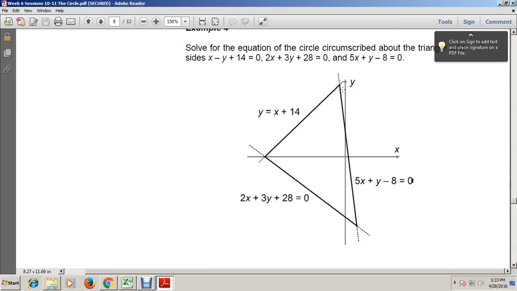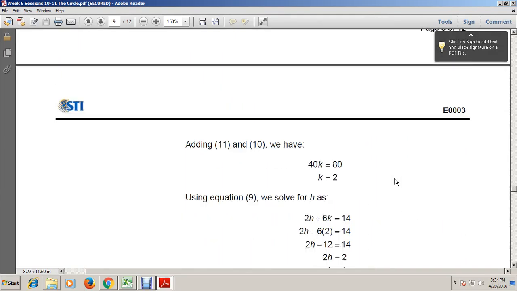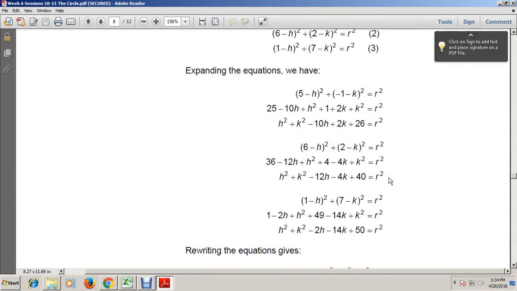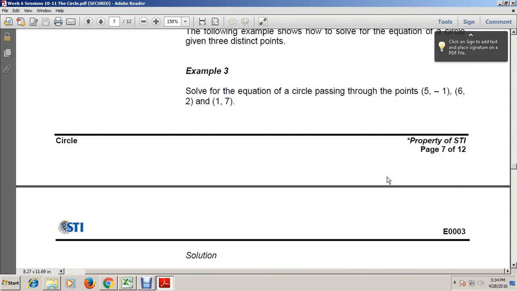Once you have determined the coordinates of the vertices of the triangle, what you need to do is to apply the technique that was presented in example number 3. Try to notice that in example number 3, you are actually given 3 points that are on the circle.